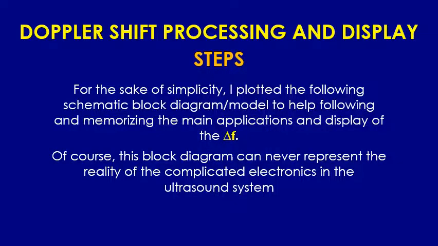For the sake of simplicity, I plotted the following schematic block diagram to help follow and memorize the main applications and display of the Doppler shift. Of course, this block diagram can never represent the reality of the complicated electronics in the ultrasound system.